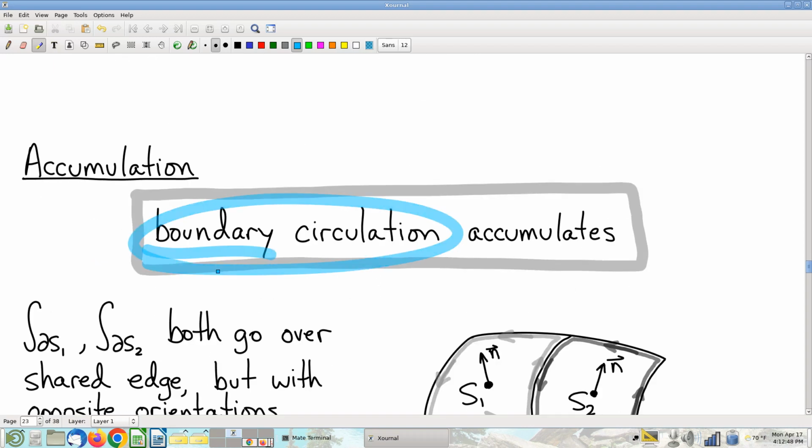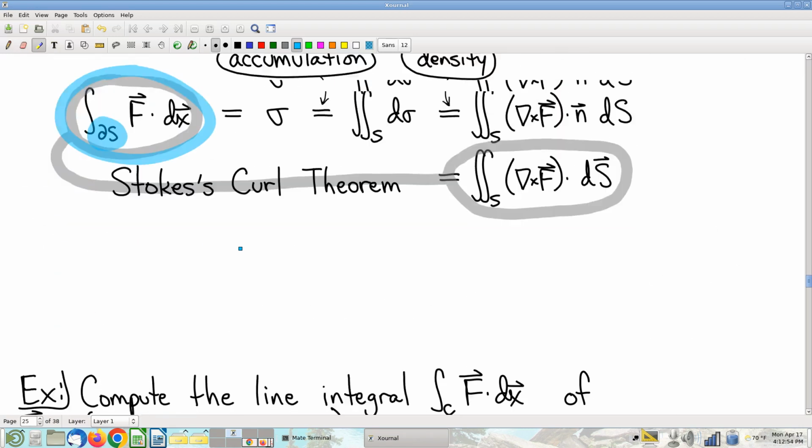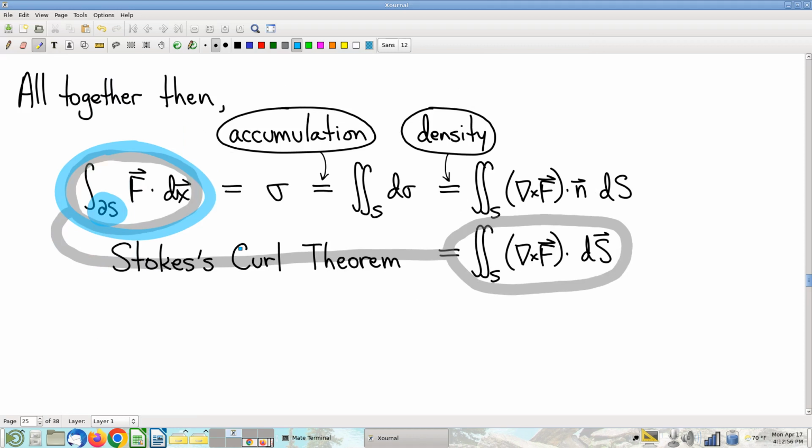Boundary circulations. Right? So, if you are interested in computing a random line integral, where your curve is not a boundary, there is no Stokes' theorem. There's no Stokes' theorem at all. Right? And I emphasize, it's not that Stokes' theorem isn't true. It's that there is no theorem in the first place. Because, think about it, let's suppose you had a curve that was not a boundary.